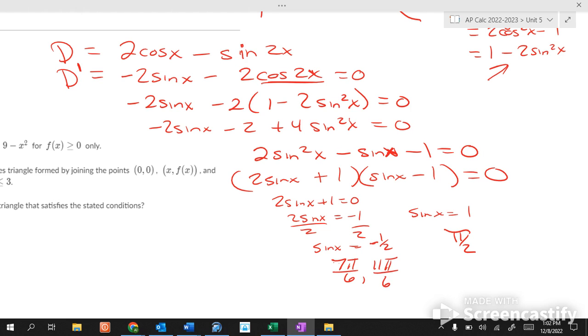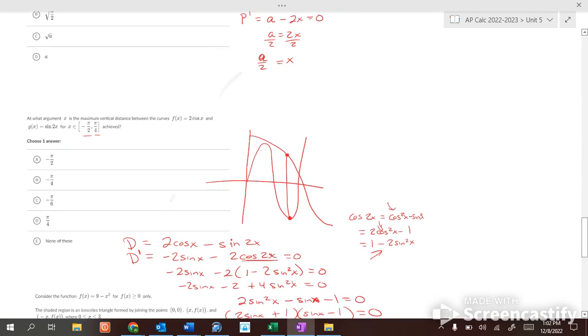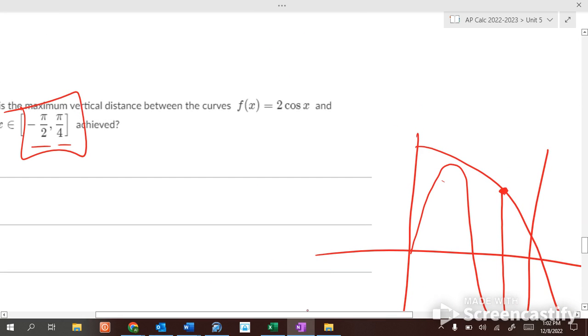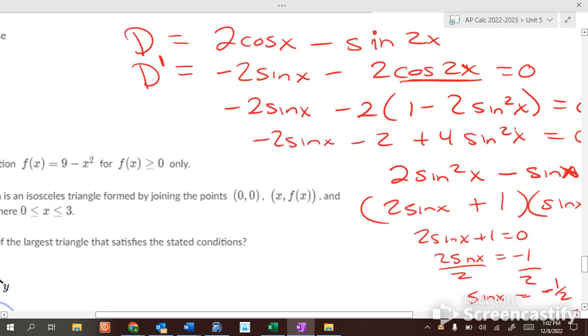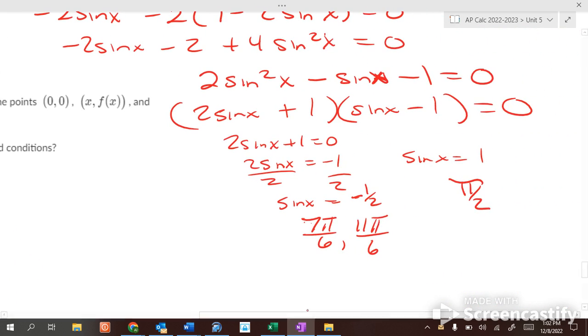Okay. So, they say at the start of this problem, it needs to be in between these two. So on our unit circle, in between negative pi over 2 and pi over 4, is pi over 2 going to be in between negative pi over 2 and pi over 4? No. Are these two in between it? No, unless we use coterminal angles.